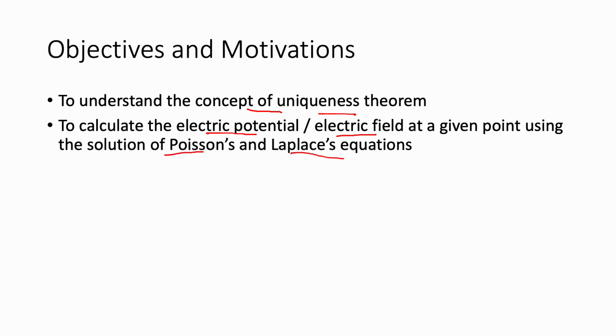Previously we have learned that in order to measure the electric field or electric potential, we were introduced to E equals negative gradient of V, or V equals negative integral of E dot dl. So this is what we learned in the previous chapters, but now we would like to obtain V by using the Poisson's and Laplace equations.